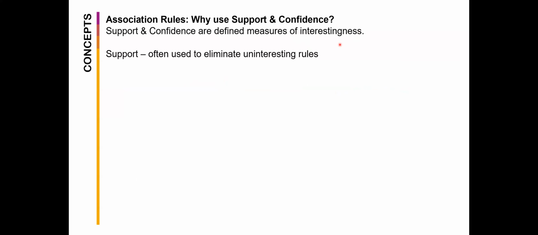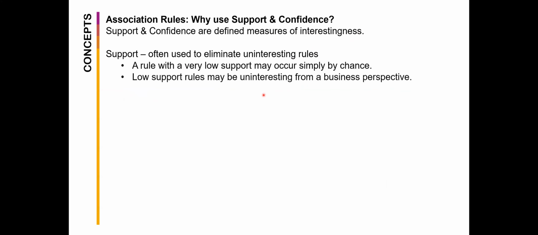These are the interesting statistics that you want to look at. Support is used to eliminate uninteresting rules. If the support is very low, it can mean that it only happened by chance, so it's not interesting from a business perspective.